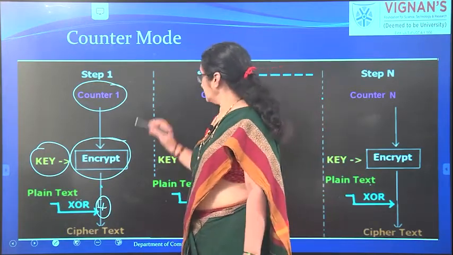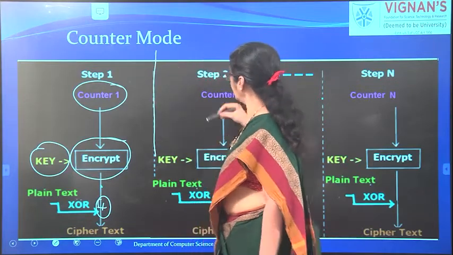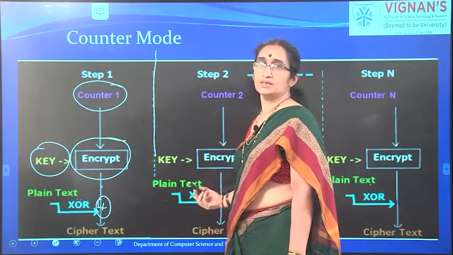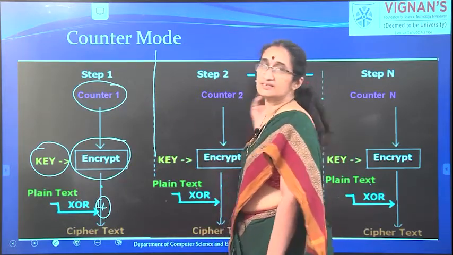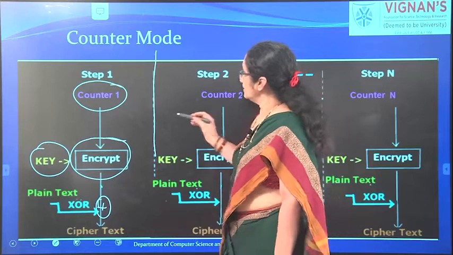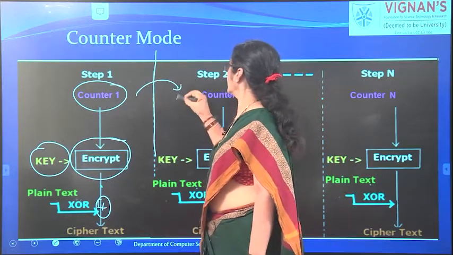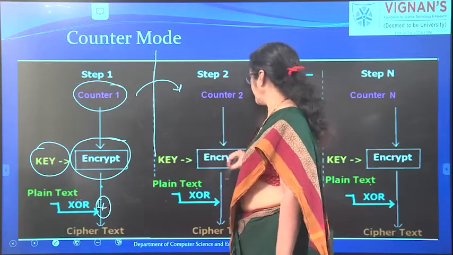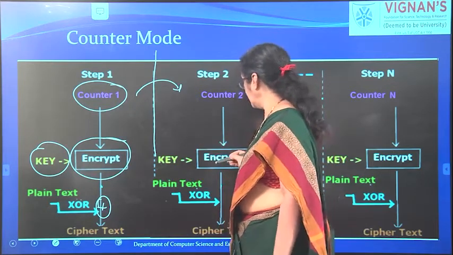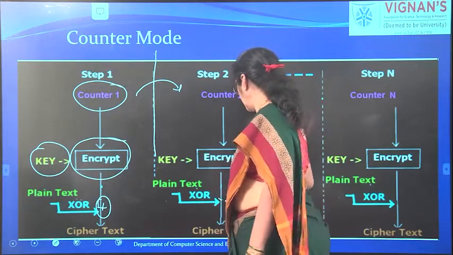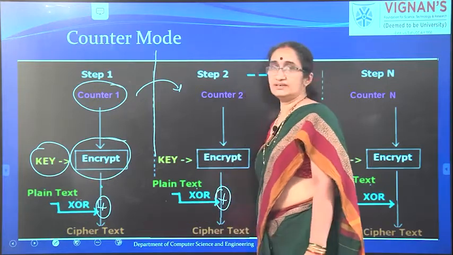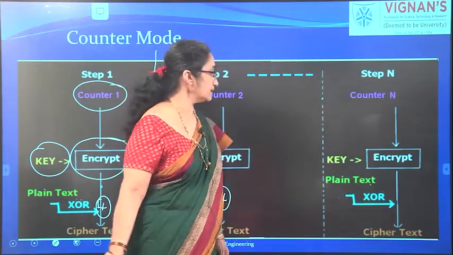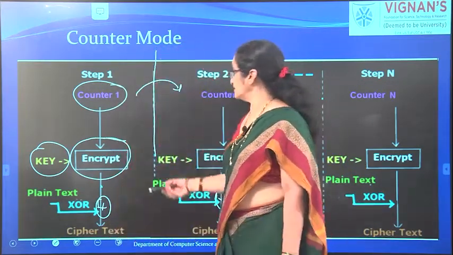And again here all are different, so there is no connection between the previous block and the next block, so you can perform these things parallelly also. So, in the next step, you are incrementing the counter value and you are again encrypting that counter value with the key, and you are XORing it with the plain text to get the ciphertext, and this process continues with all the blocks.